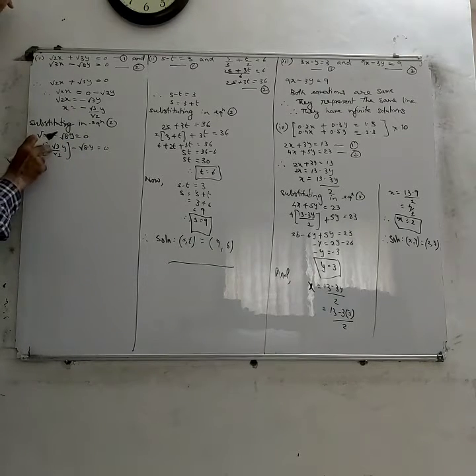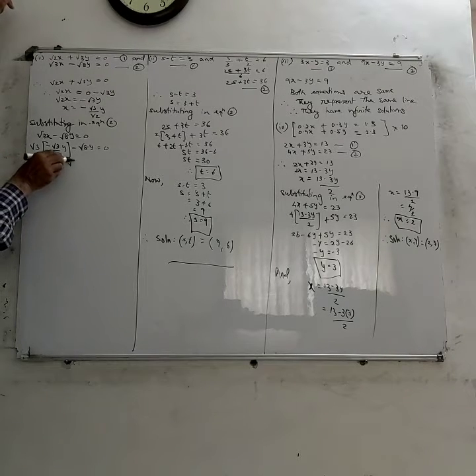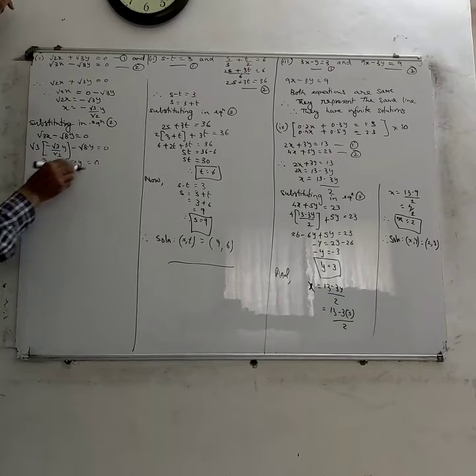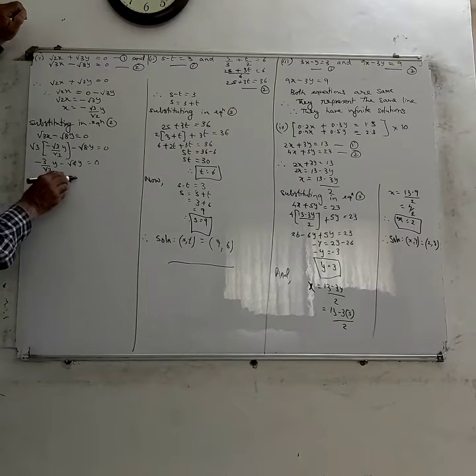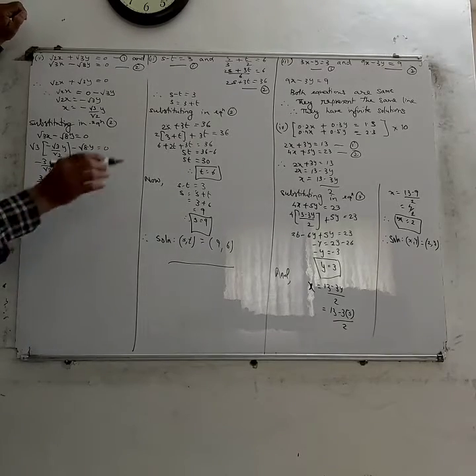Now root 3 into root 3 with the minus sign will be minus 3 upon root 2 y minus root 8y is equal to 0. If I shift the negative sign, I get 3 upon root 2 y plus root 8y is equal to 0.